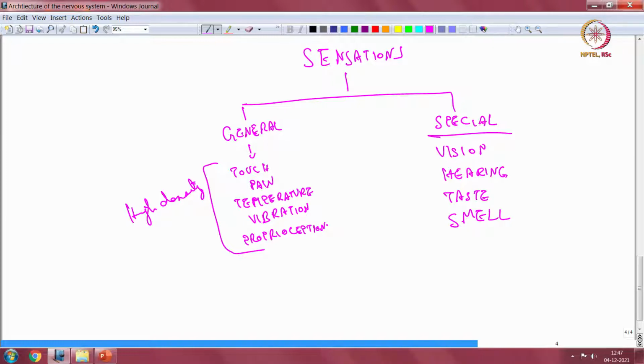Special sensations are very evolved senses in which there are definitive organ systems which are dedicated for a particular sensation. Obviously eye for sight, which processes photons, the visible electromagnetic spectrum; hearing, auditory spectrum, sound waves.